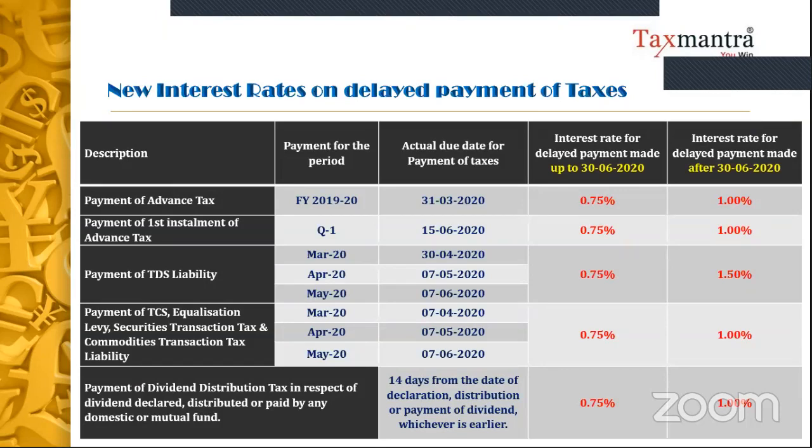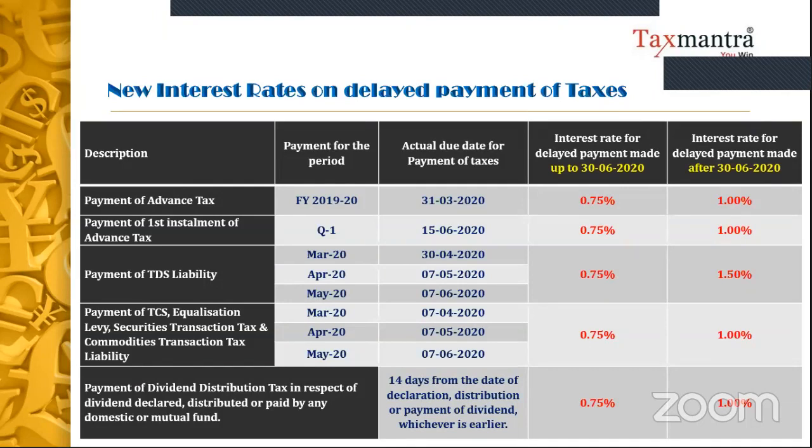If any TDS payment is not made within the due date but before 30th of June, the interest rate would be 0.75% instead of 1.5%. If those payments are made after 30th of June 2020, then the interest rate will be 1.5%.